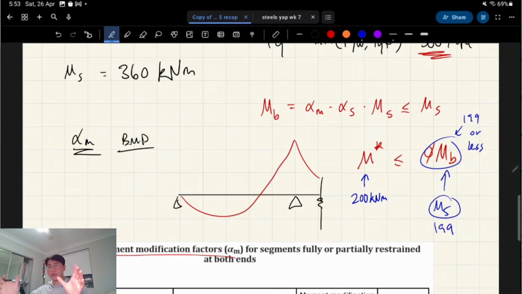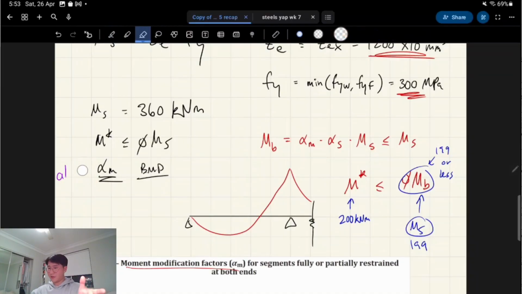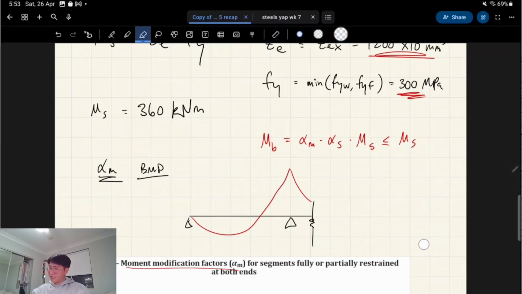So there's no point in calculating further if we know MS. The thing about this question in particular that makes it a bit weird, and makes it so that we can't really check this easily, is that this is based on algebra. So it doesn't say anything about whether we can continue or not, right? So what we do is we just write it through to the end and then eventually find MB. Okay, so anyway, with that said, we're looking to find MB.